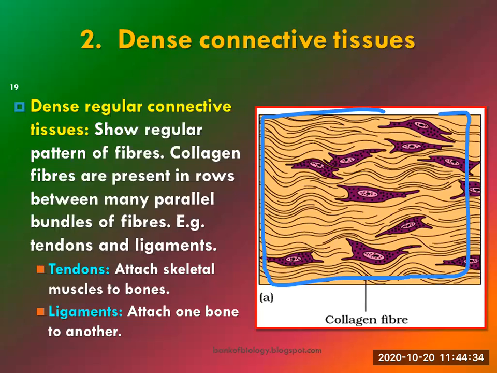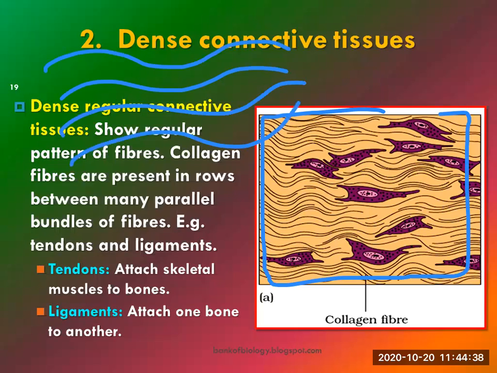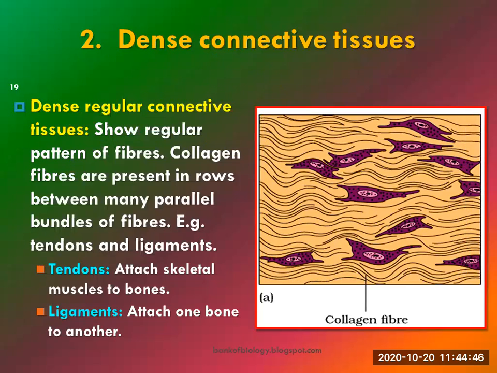That means here the fibers are arranged in a regular manner. The collagen fibers arranged in a regular manner, we say dense regular connective tissue. Collagen fibers are arranged in rows between many parallel bundles of fibers. You can see here, we have two types of dense regular tissue, tendons and ligaments.